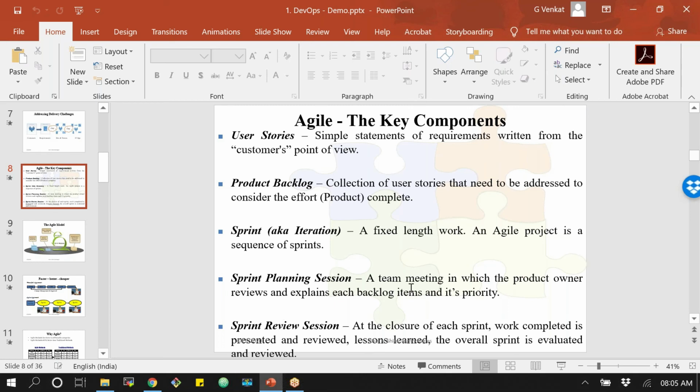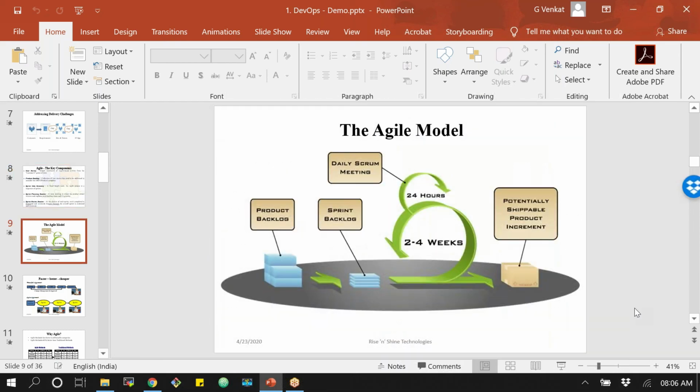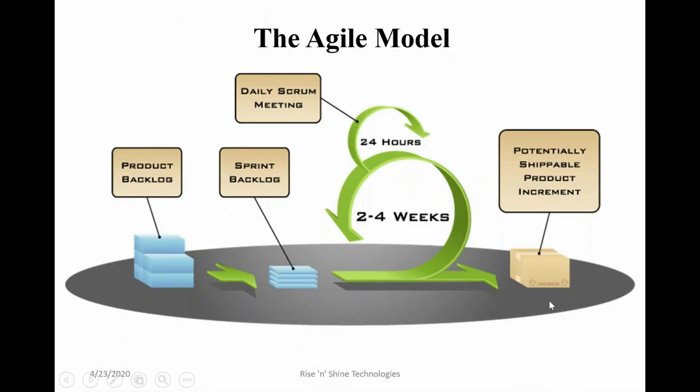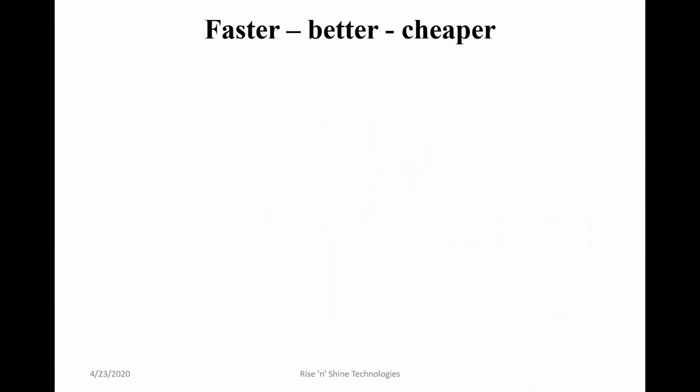That is, before starting there are team meetings, and once the sprint is completed, they review the challenges they faced and the best approaches they can use for the next iterations. That is the review session. This model is used currently to overcome communication gaps between the teams, that is, requirements, developers and testers.